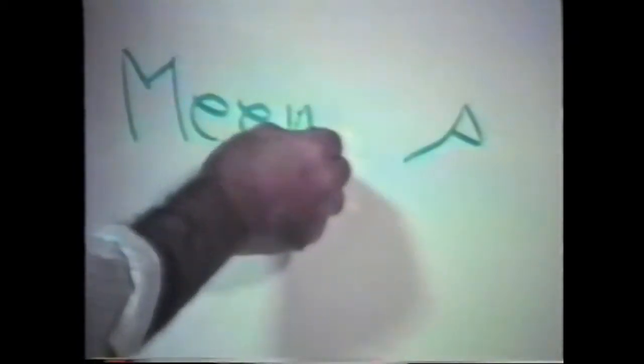Mim is the name of the letter. And it's equivalent to the English M. The next letter is Noon. Looks like this with a dot. And the name of the letter is Noon. It's equivalent to the English N.